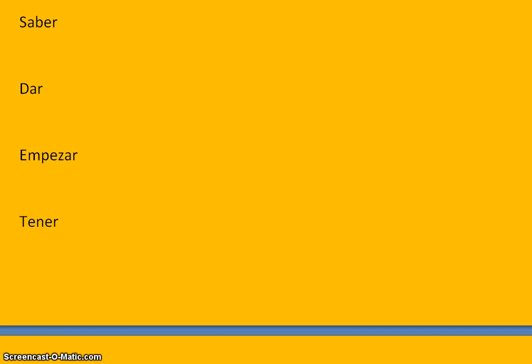How about tener? And one more. Salir. Okay, so I want you to conjugate saber, dar, empezar, tener, and salir in your notes. I want you to give me the affirmative in the first column, like we did here, and then I want you to give me the negative in the second column, and then see how you do.